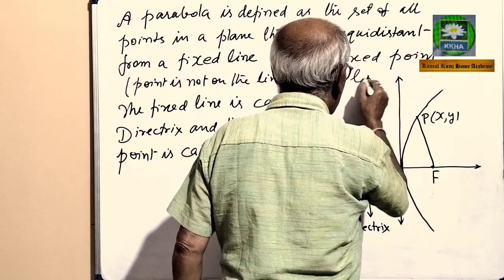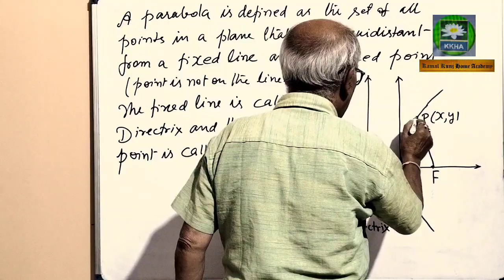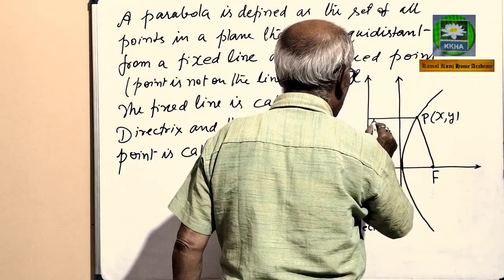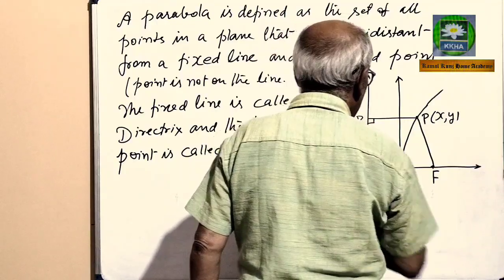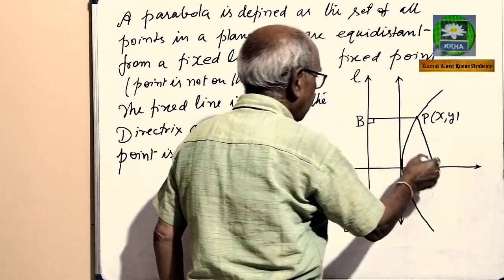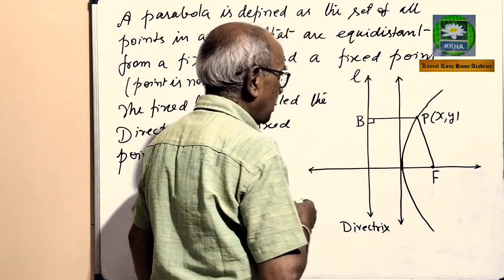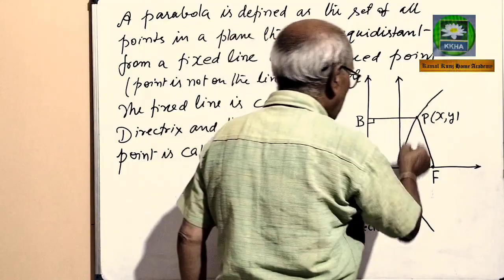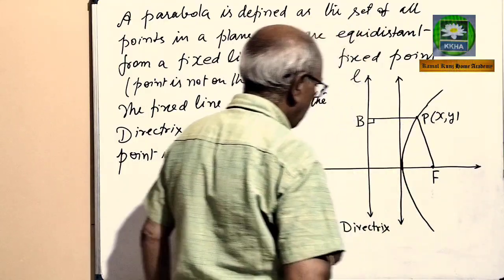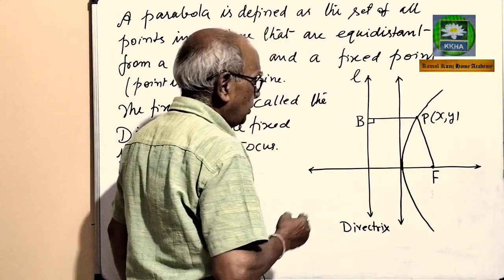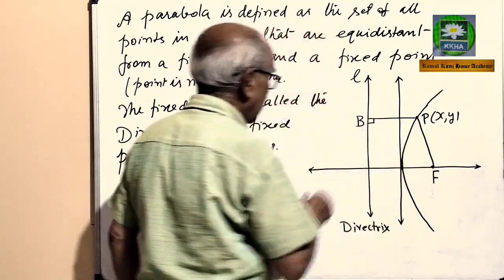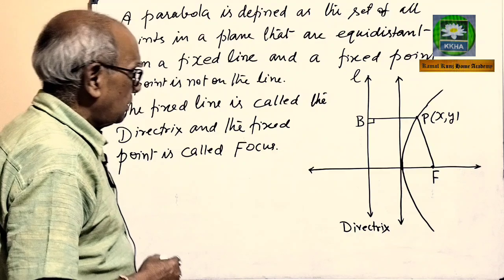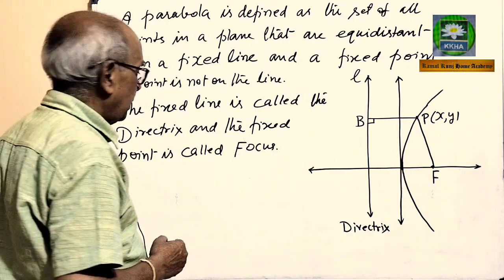Suppose this line is L. So this is PB. So PF is equal to PB. All the points on this parabola or curve are equidistant from focus and this line, that is directrix. This is called a parabola.